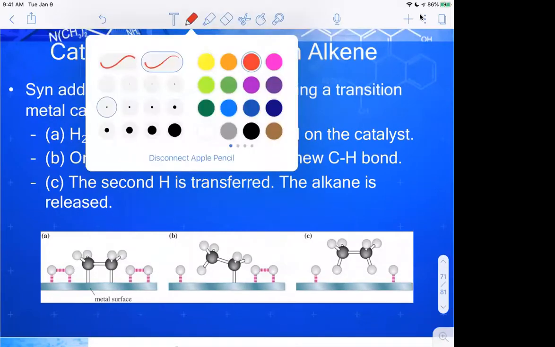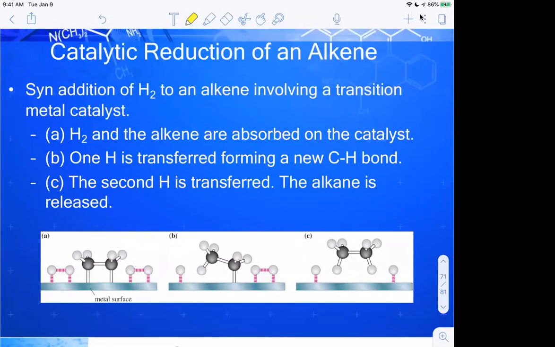Now, the reason that occurs is because I actually have a transition metal catalyst. So what happens is the hydrogen and the alkene are absorbed on the catalyst. One hydrogen is transferred and I form that new CH bond.